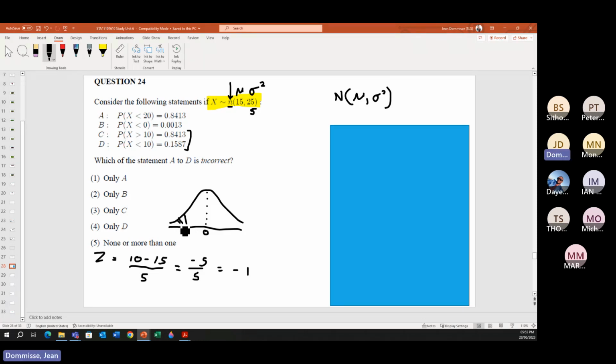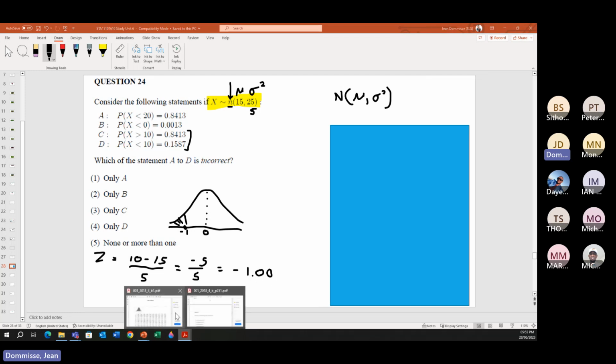One area is going to be the small area, so probably D. The bigger area will hopefully be option C. So minus 1 on the dot, so we will be looking at minus 1.00.